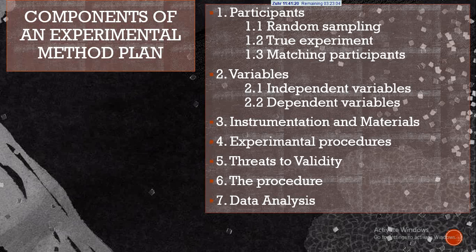Second, assign participants to matched pairs on the basis of their scores on the measures described in step 1. Third, randomly assign one member of each pair to the experimental group and the other member to the control group.